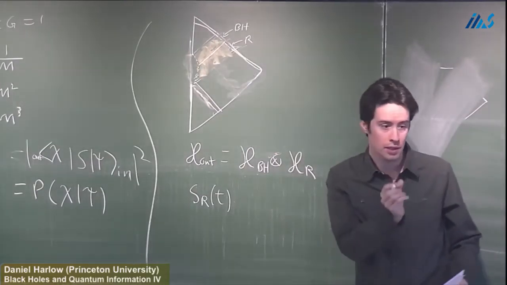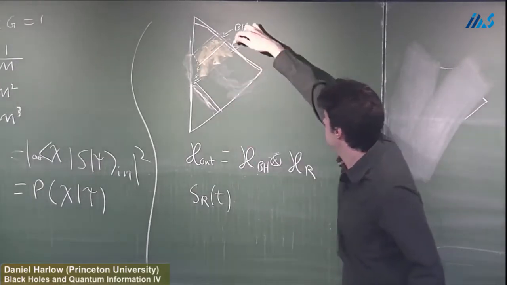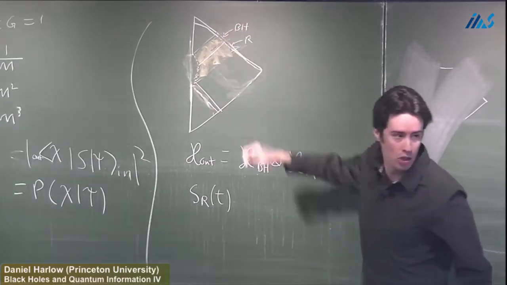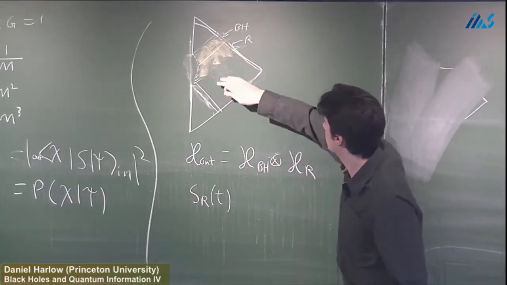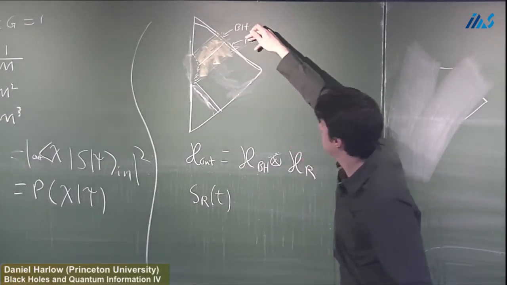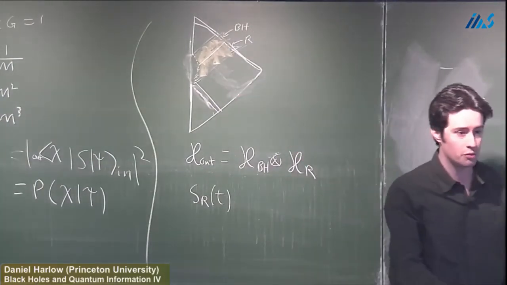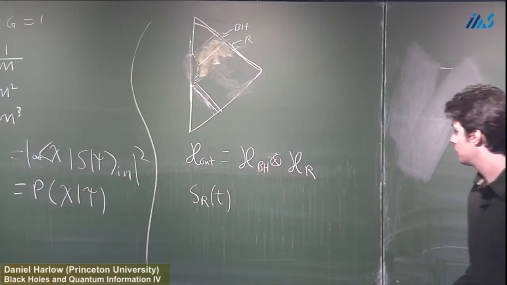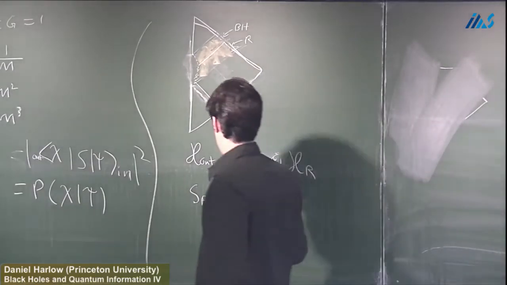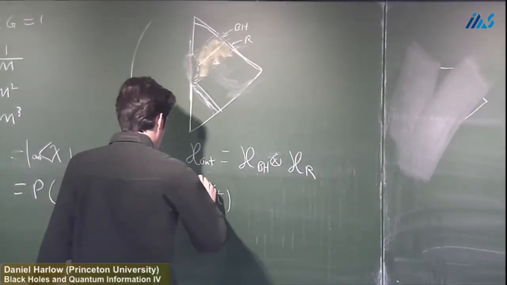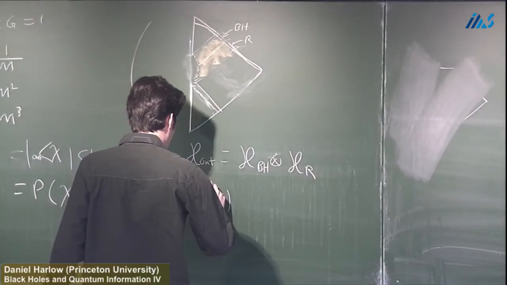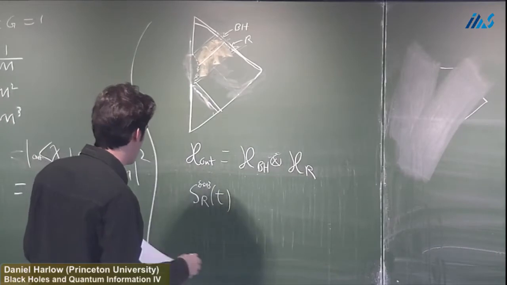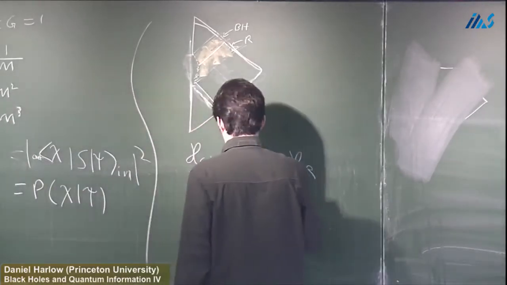So there's short distance entanglement just right around the barrier here, which we want to subtract, or which we don't really think of as coming from entanglement between the black hole and the radiation. It's just coming from the short distance physics of quantum field theory. So to deal with that, there are various things you can do. Rob has been talking about some of the things you can do.